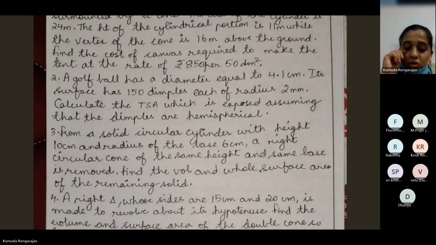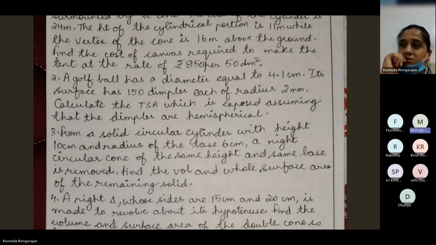Yes, ma'am. Okay, then anyone else with a different expression? 4 pi r square plus 150 pi r square. Okay, 4 pi r square plus 150 pi r square.